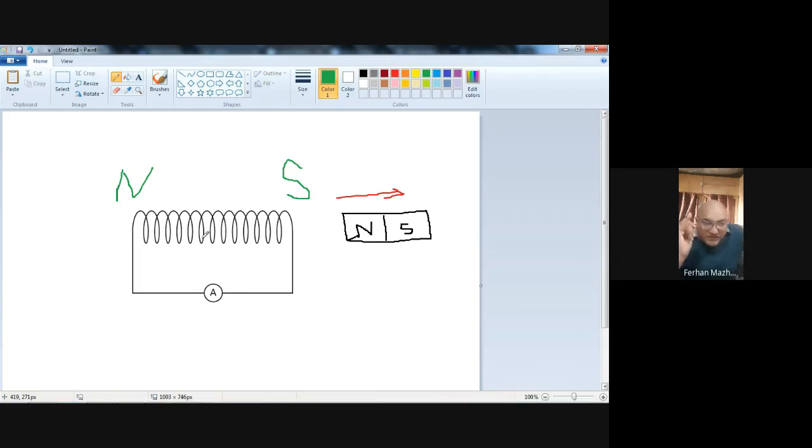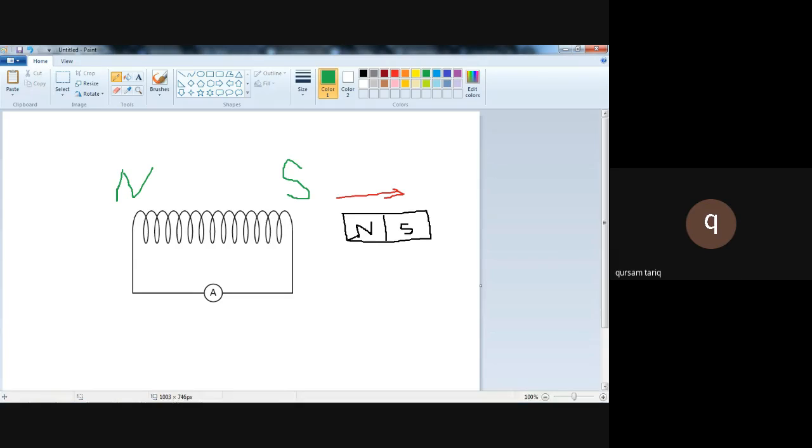The deflection will be in the opposite direction and larger.